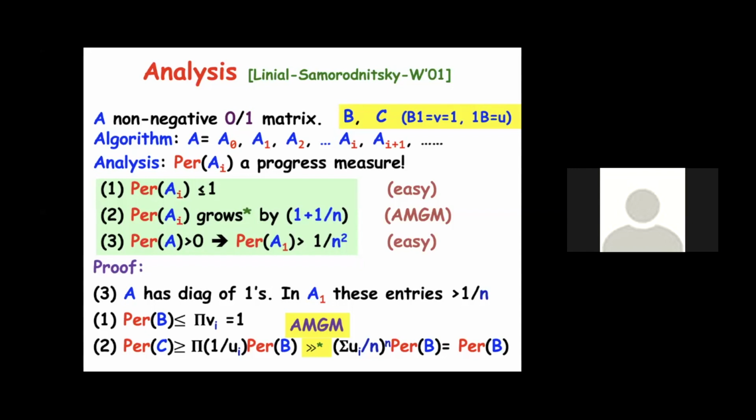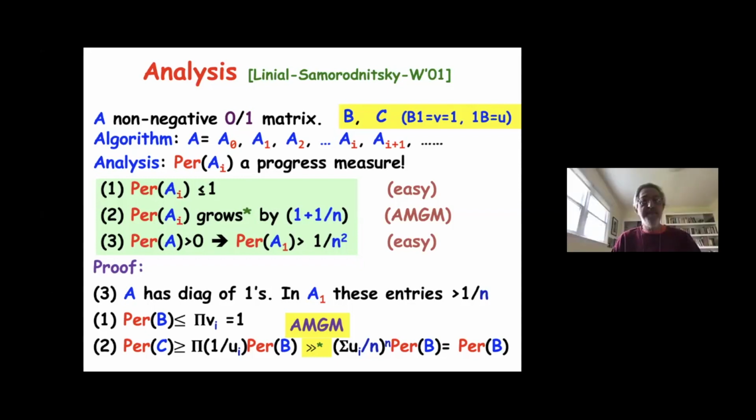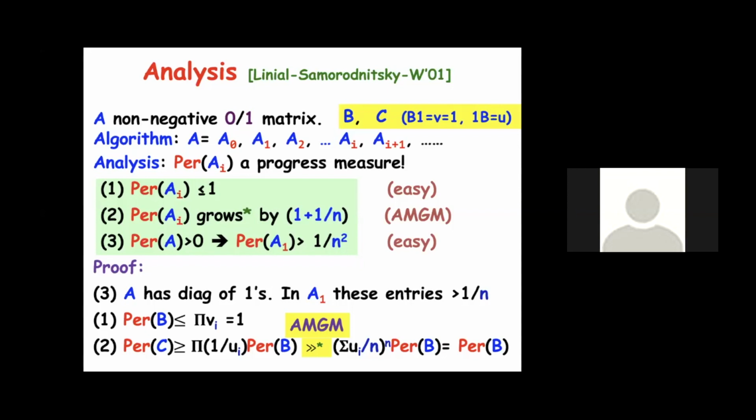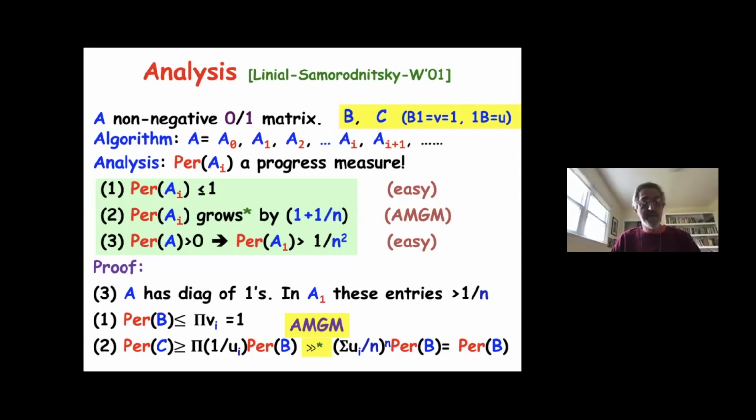Avi? Yeah. So you showed that it was an algorithm for perfect matching, and in fact that the matrix that you converge to has the perfect matching, right? Yeah. If there's more than one perfect matching, what will the matrix end up looking like? It's very easy to see.